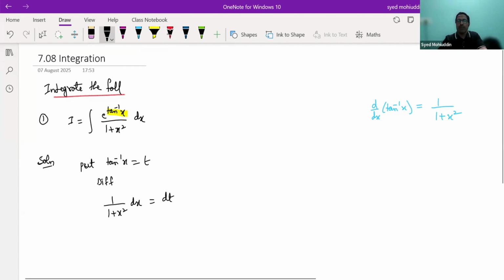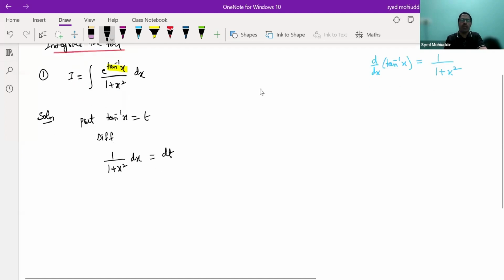Now, if I plug this value back into the given integral, I will have the integral of e power of tan inverse of x taken as t, and the remaining term 1 by 1 plus x square into dx taken as dt.